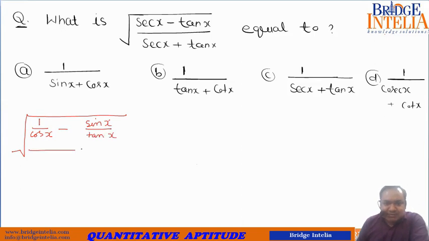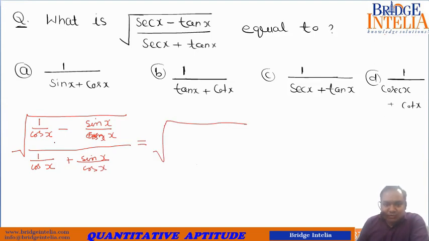The same has to be done with the denominator portion as well. So I would now write this as 1 by cos x plus sin x by, so this would be cos x rather. So you transform this further.